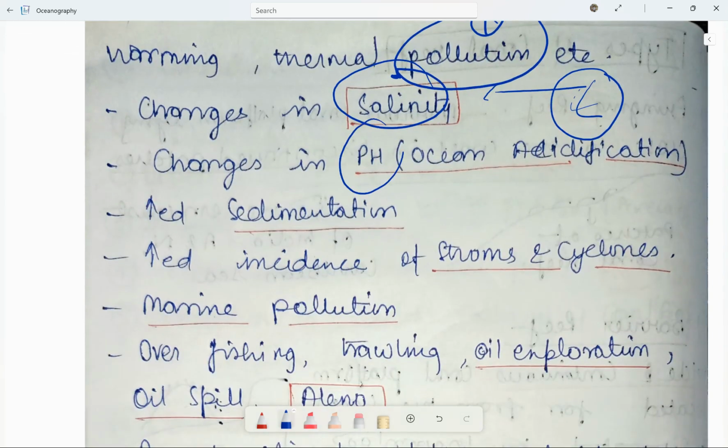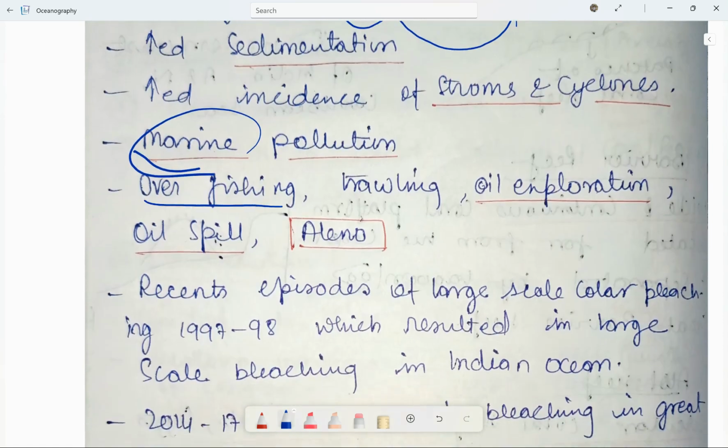If there is change in pH, pH is ocean acidification. If that gets impacted, if there is increased sedimentation, then if there is increased incidence of storms and cyclones in the ocean, then if there is pollution, if there is overfishing or oil exploration or oil spill, या फिर El Nino.